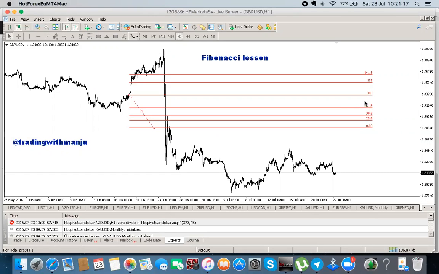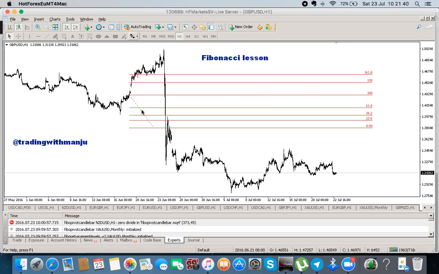I'm not using it. I'm going to explain why I don't use the 50% Fibonacci. And there is 100%. If you go above that, it's the 1.38 ratio and the 161.8 ratio. It goes from below 0 and above 0.